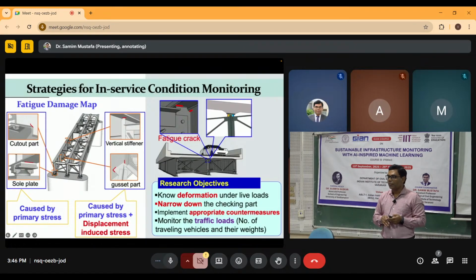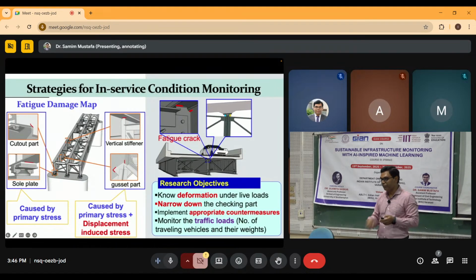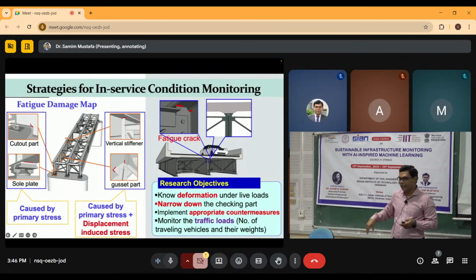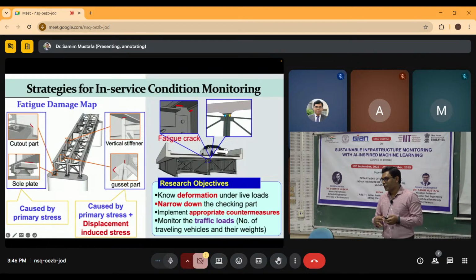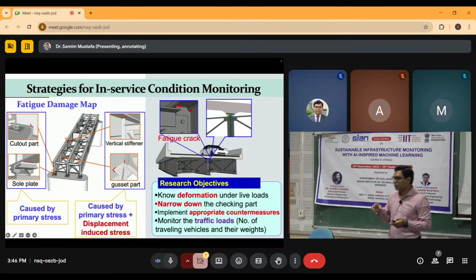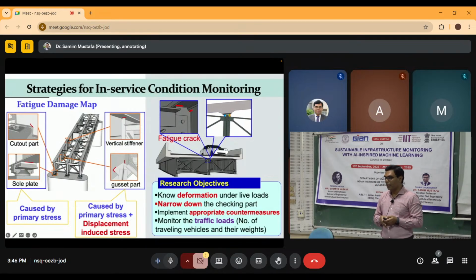Now the sensor is also subject to a higher volume of traffic load. Every now and then a vehicle is traveling. So vehicle movement creates abrasion, the friction between the tire and the pavement. That will cause damage to the sensor itself, so you need to also protect your sensor. After a certain point you will realize that the sensor is gone.